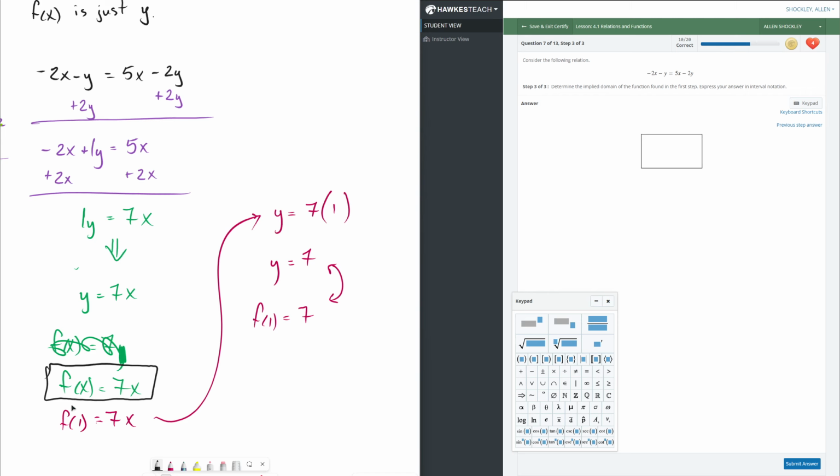And if I look at this, there's no bottom to this equation and there's no radical. So x can be anything that it wants, and I won't get a 0 or a negative number that can't exist. So for us, we're going to say that our domain is from negative infinity to infinity.